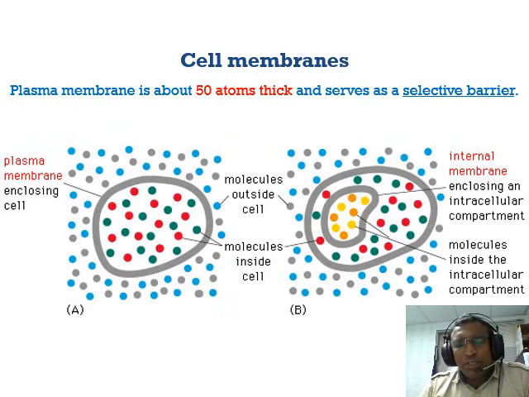So this slide basically talks about compartmentalization. That means it's having compartments. Here on the left, you can see there is a cell membrane. Okay?